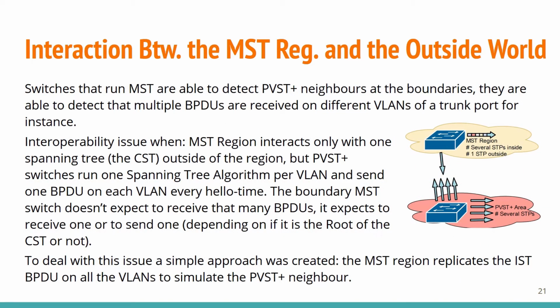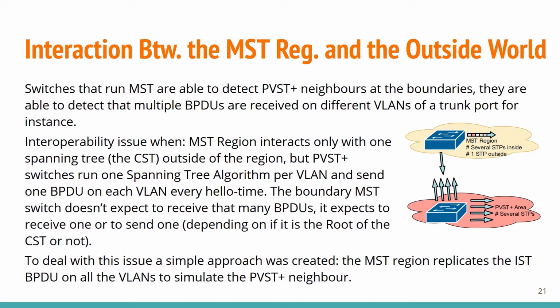Switches that run MST are able to detect PVST plus neighbors at the boundaries. They are able to detect that multiple BPDUs are received on different VLANs of a trunk port, for instance. And here we have an interoperability issue: the MST region interacts with only one spanning tree, the CST, outside of the region, but PVST plus switches run one spanning tree algorithm per VLAN and send one BPDU on each VLAN every hello time.